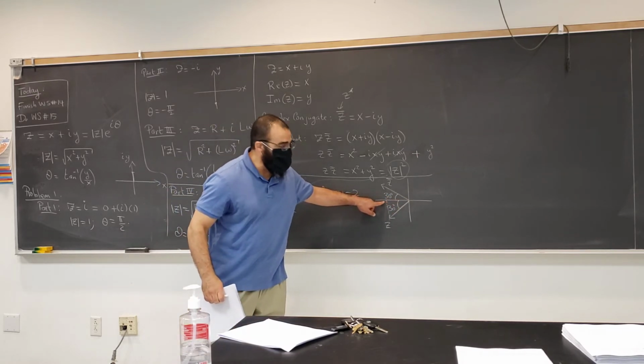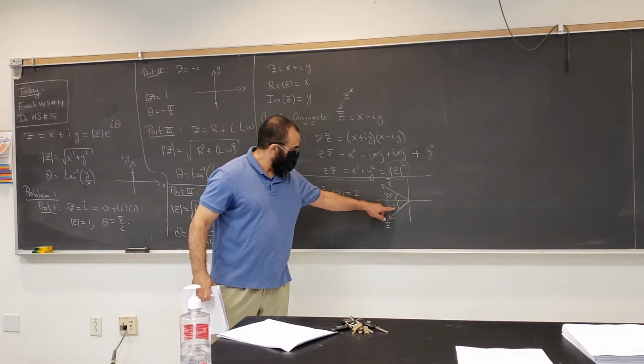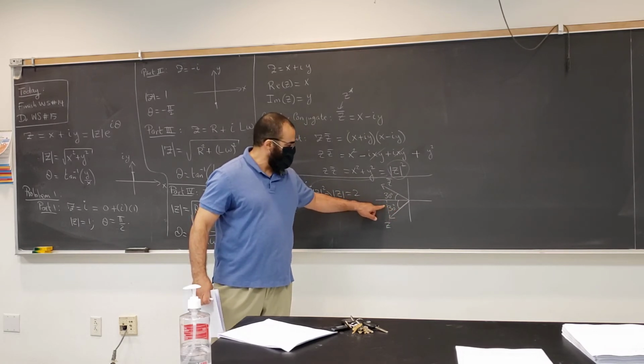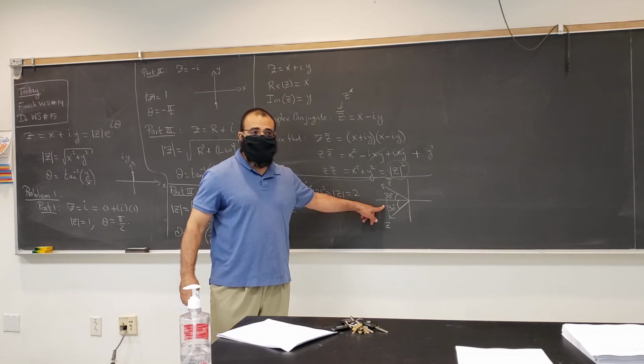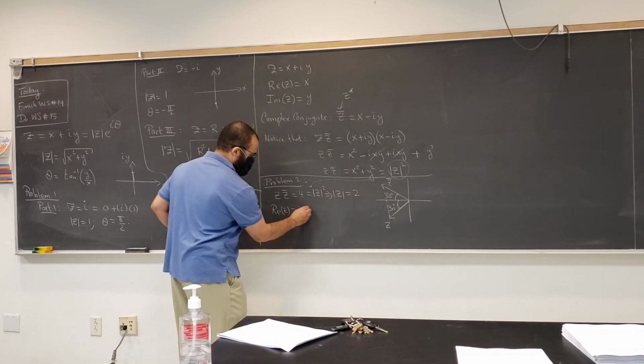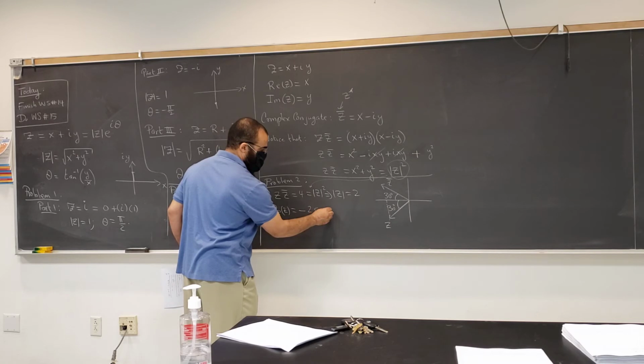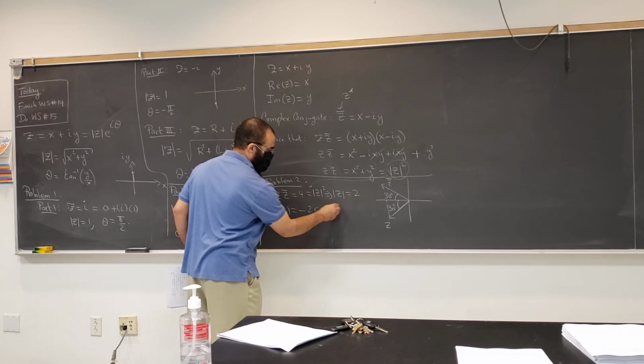If you have a vector of size 2, and the angle here is 30 degrees, how can you find the x component? Would it be positive or negative, first of all? Negative, and it's adjacent to 30, right? So it would be negative, the magnitude 2 times the cosine of 30.